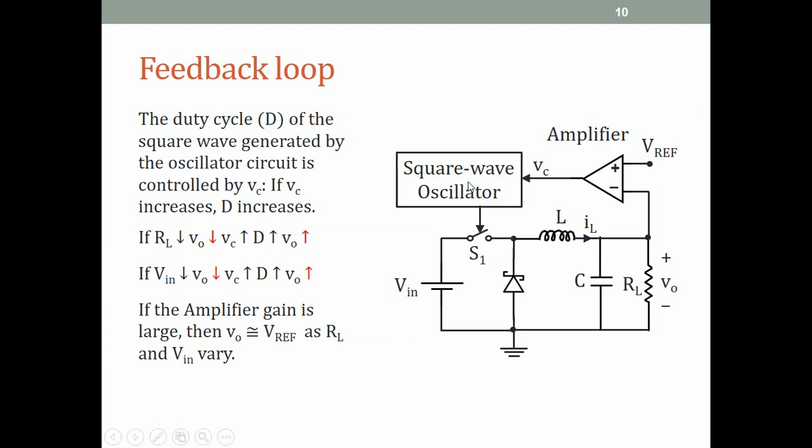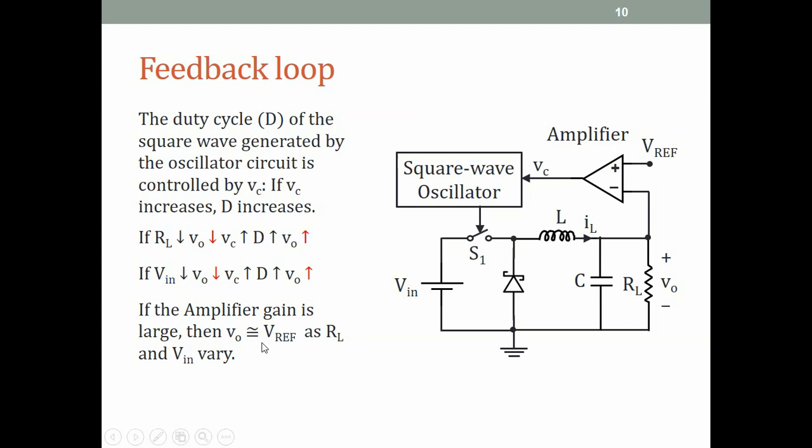Then we say that because negative feedback is present, if the gain of this amplifier is large, then Vref will be approximately equal to VO. And we had studied this in some detail when we studied operational amplifiers last semester. So you go back and read that theory of how this came about from last semester's notes or lectures.